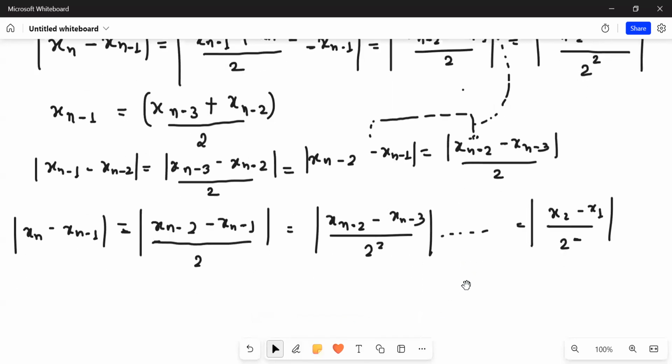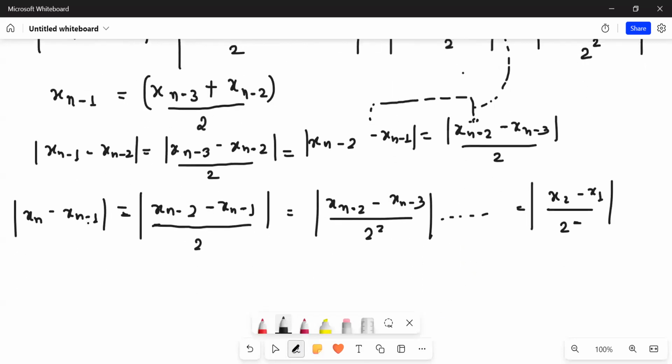See, understand again. Xn minus 1 is equal to xn minus 2 minus xn minus 1 upon 2, or you can also write it the other way. In modulus, whether you write this way or that way, no issues. So if you write this way, then this is xn minus 1 minus xn minus 2. I don't think there is any confusion regarding this.